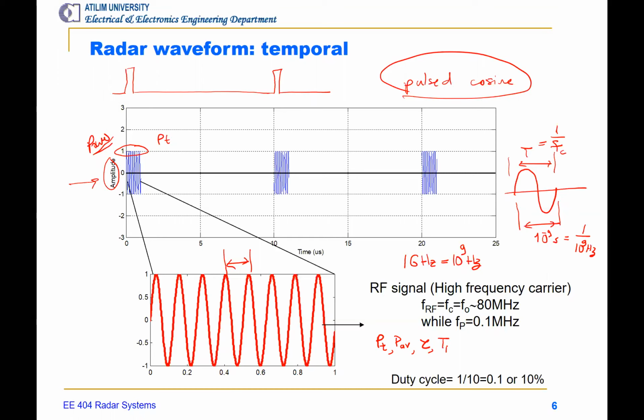Pulse repetition interval, which is inversely proportional to pulse repetition frequency, and duty cycle, which is tau over Tp, energy of the pulse, and carrier frequency, which is inversely proportional to the period. So these are the basic parameters of a radar waveform.